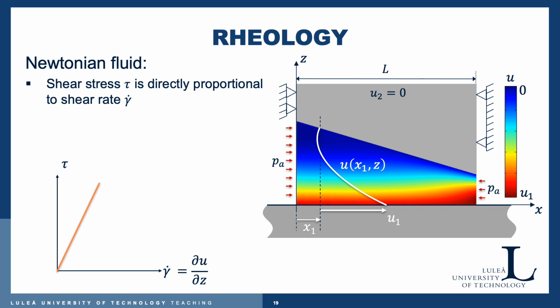And here on the right hand side, you see a figure where we have the velocity field in this color height map. And at the position x1, you can actually see the x component of the velocity plotted as a function of z from the lower surface up to the upper surface. And since the lower surface is moving with u1, that's a boundary condition, you know, when we solved the reduced set of Navier-Stokes equations and obtained an explicit expression for u.